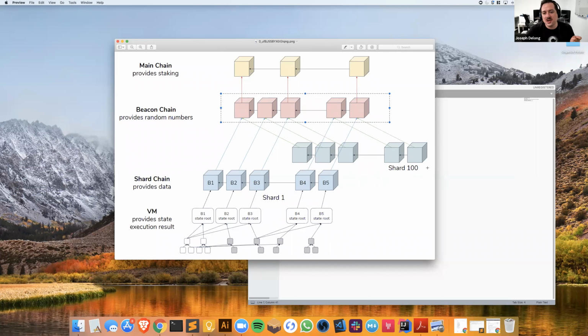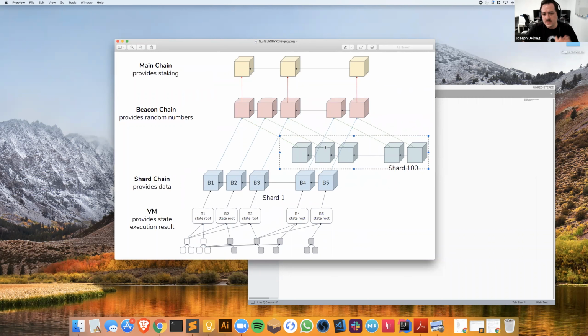And each of these shard chains gets a slot in a time slot, and right now we're looking at 6-second time slots. Then the attesters will come and attest to those blocks that are provided to the beacon chain.